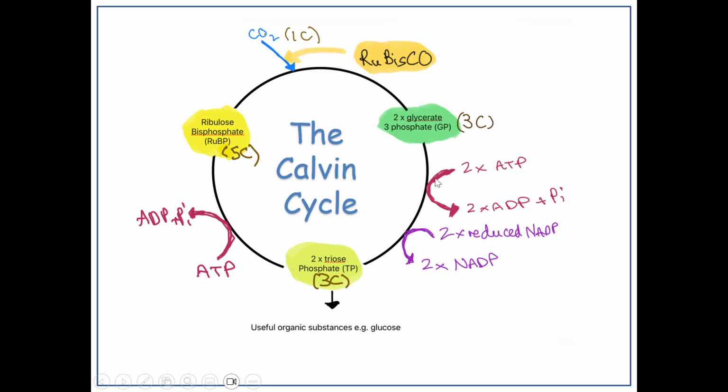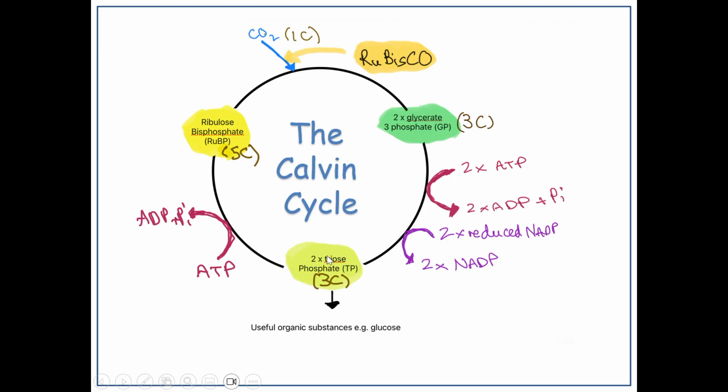Then 2 ATP goes in, and that's converted into 2 ADP and Pi. 2 reduced NADP are used to give off their hydrogen, and they regenerate the NADP to go back to the light-dependent reaction. Those processes convert the 2 glycerate 3 phosphate into 2 triose phosphate.